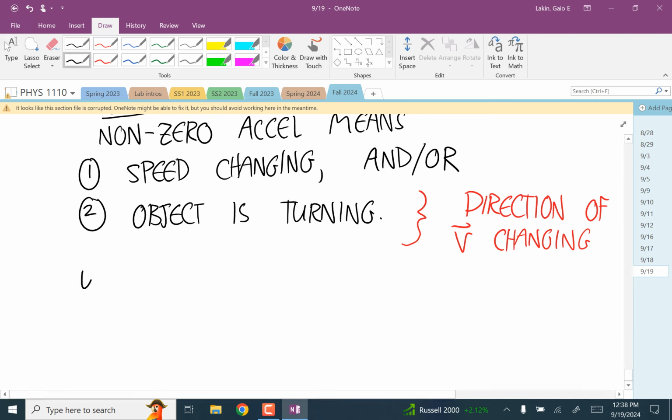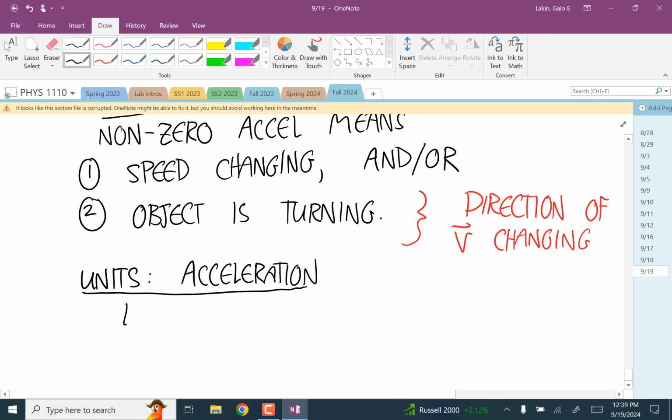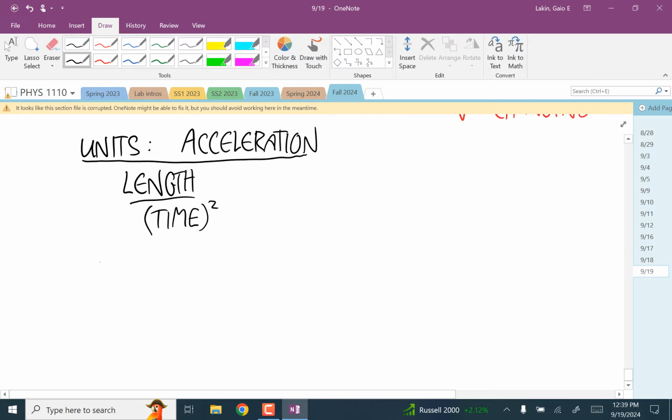Okay, the units for acceleration, like always, are length over time squared. And that means that the SI units for acceleration are meters per second squared.